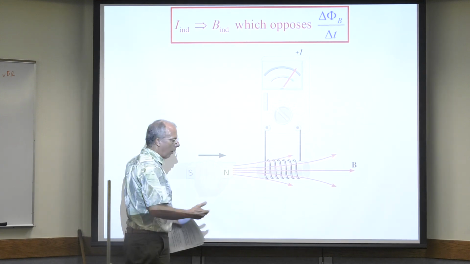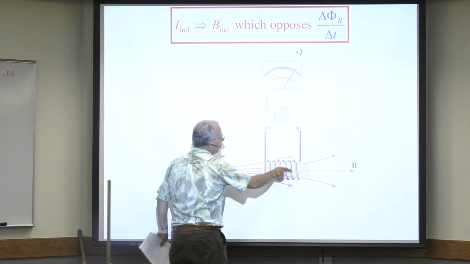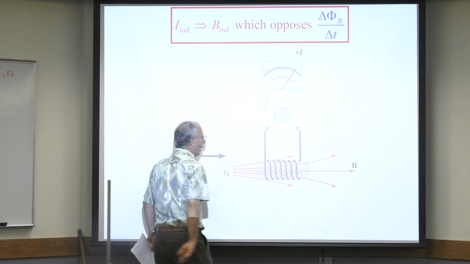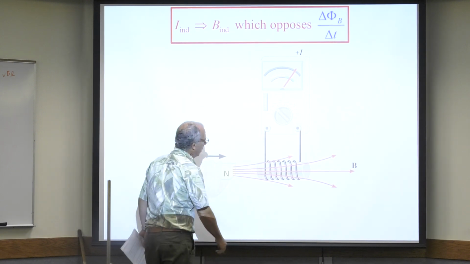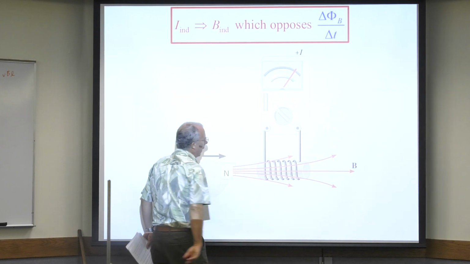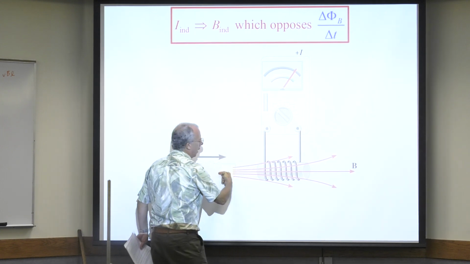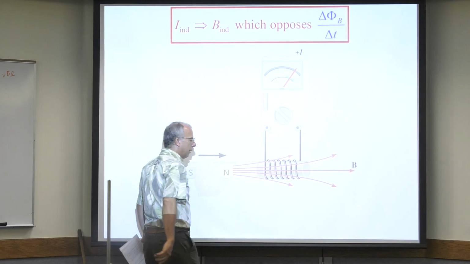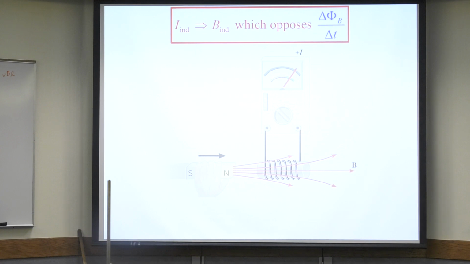So therefore, the question is, is the current going up or down? You could choose any wire you want. I personally think it's easiest to choose this wire, on the outside. If we want a magnetic field pointing to the left, what's going to be the direction of the current? Now you've got to remember something you learned a while ago.